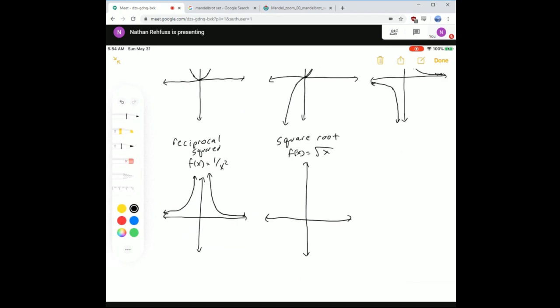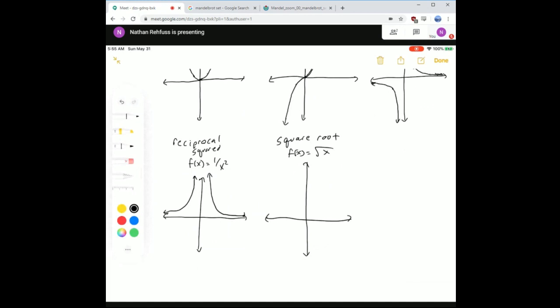All of our functions in this class are going to be from the reals to the reals. There are never going to be complex numbers in functions in this class. Complex numbers are in this class only as the solutions of quadratics or other polynomials. Now, as a matter of fact, you can define complex valued functions. They're just beyond the scope of this class.